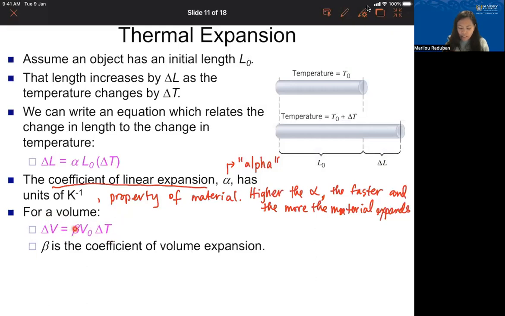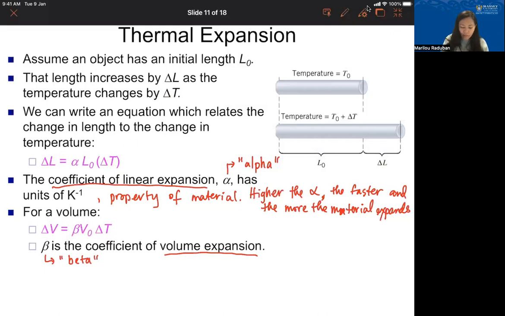And we also see here a constant, which is called beta. We read this Greek symbol as beta, the coefficient of volume expansion, which is also a property of the material, meaning the bigger the coefficient of expansion is, the faster and the more the volume of the object increases or expands.